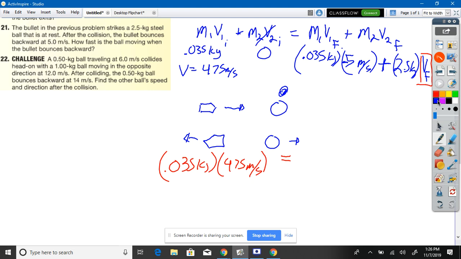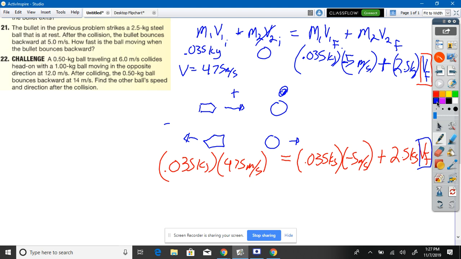Because if this were the positive direction, this would be the negative direction. Well, that changes the math, doesn't it? All right. So that's 0.035 kilograms times -5 meters per second plus 2.5 kilograms VF. Now, do you guys want me to show you a shortcut real quick?